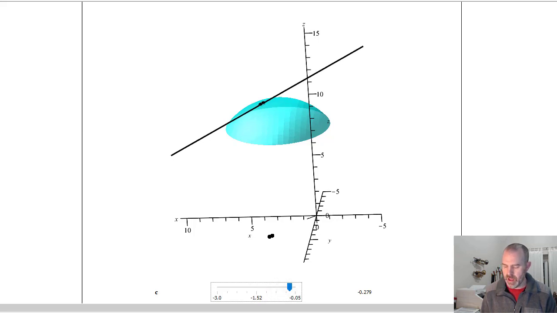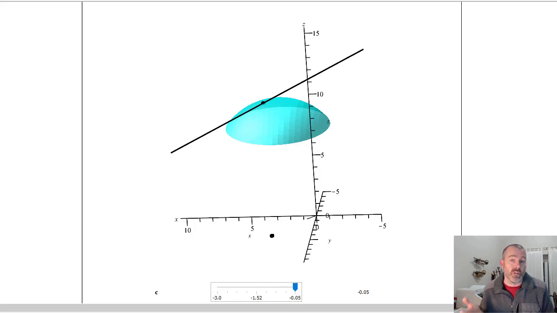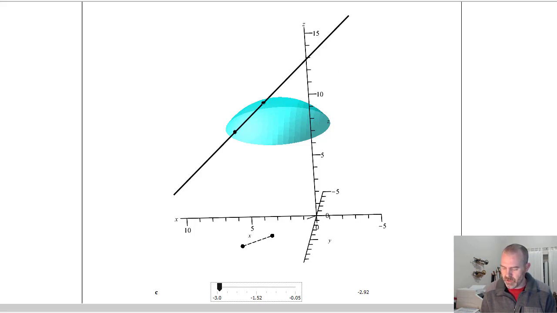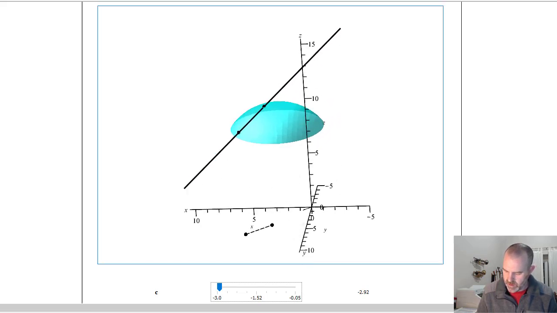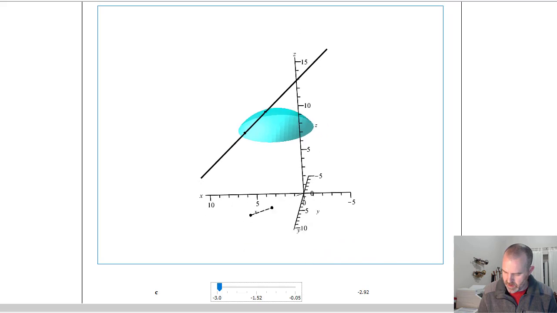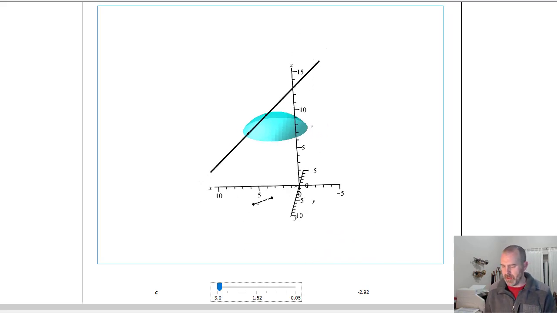Just like in Calc 1, you end up with a tangent line. And so, of course, the slope of that tangent line would be the slope in the direction of that particular vector. I can't draw over the top of this, and I'm having a hard time trying to zoom.